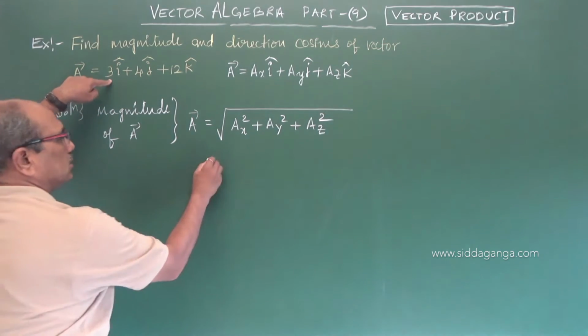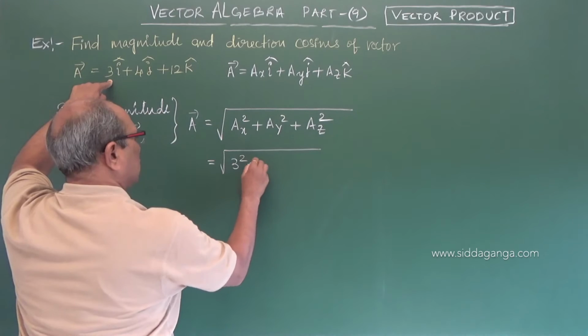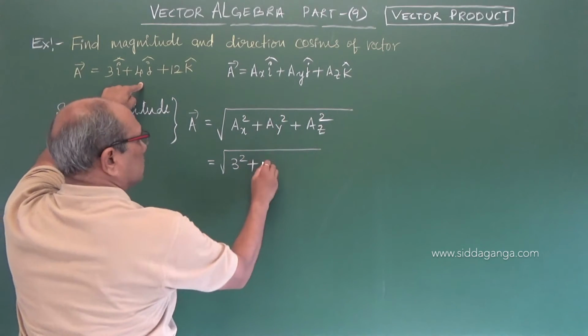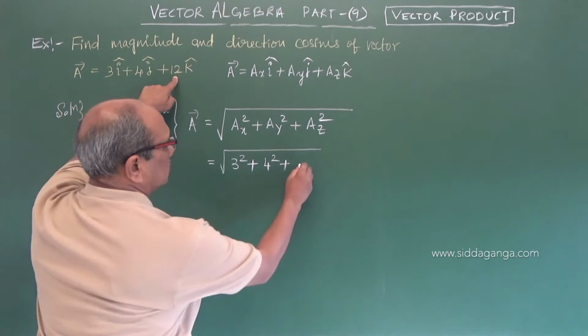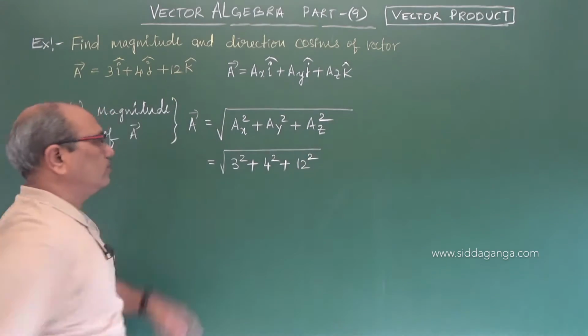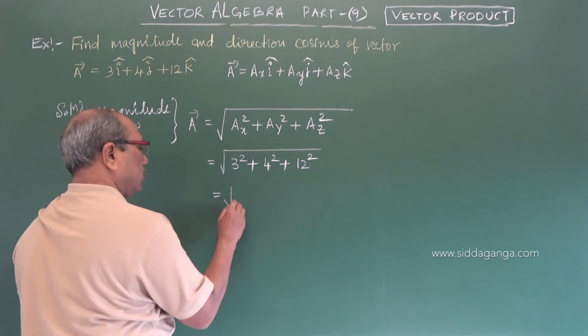What is ax here? It is root of 3 square plus ay is 4 square plus az is 12 square. So you know the table of squares.